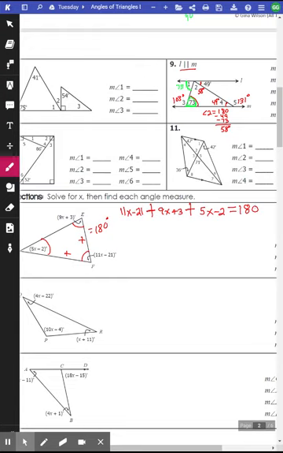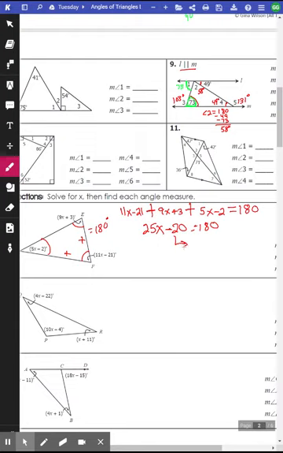So let's simplify. We're going to add up all the x's. That's 11 plus 9 plus 5. We end up with 25x. Then we add up all the constants, the numbers by themselves. So we're going to add minus 21 plus 3 and minus 2. That gives me a negative 20. All of this is equal to 180.